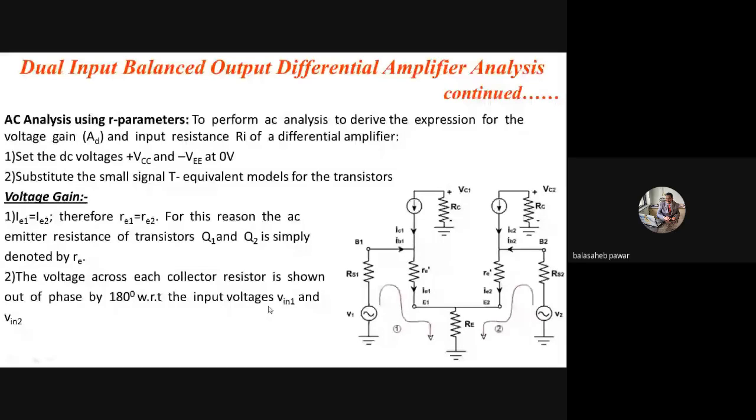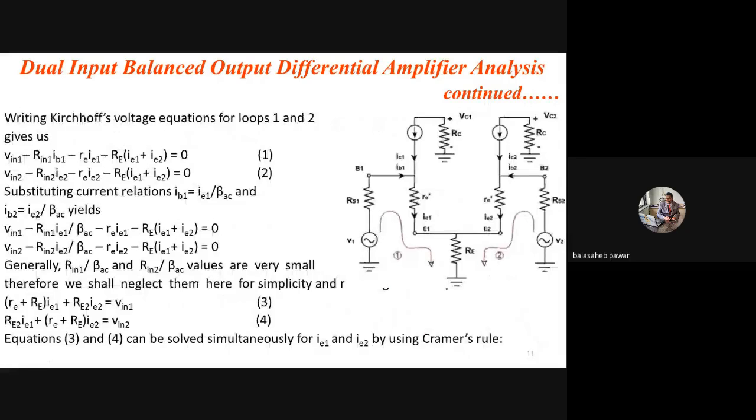Now, by using KVL, I prepared two loops: loop 1 for the first transistor on the LHS side, and loop 2 for the second one, as shown. When you apply the KVL, simply go through this equation.